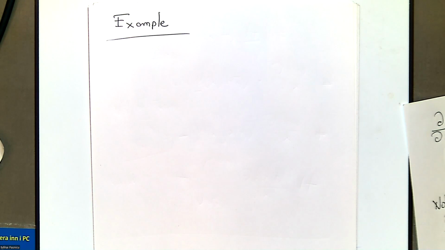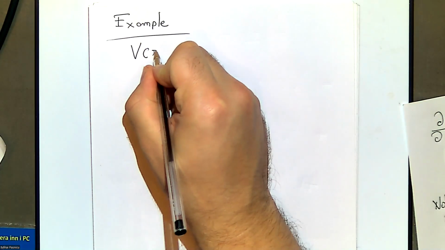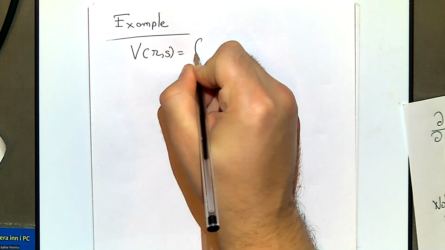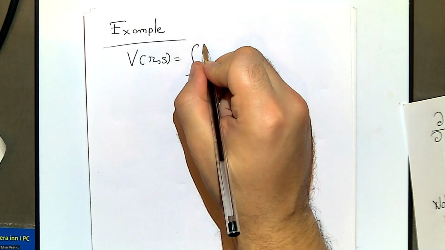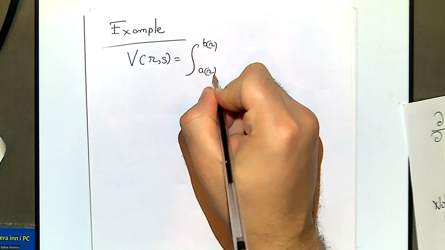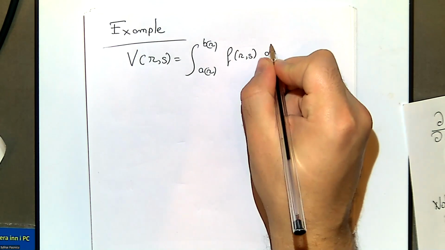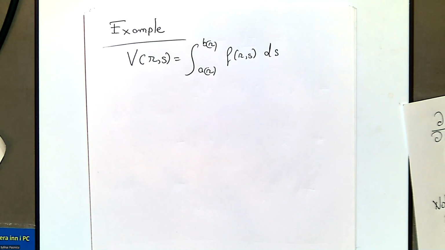whenever you're given a value function or something like that, and they say, oh, the value function depends on some r and s that is equal to the integral of something like that. I don't know, let's just put it from a r to b r, f of r s, ds.